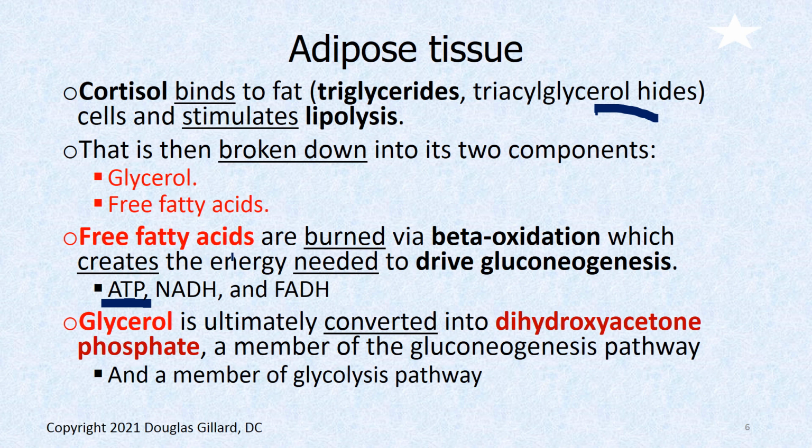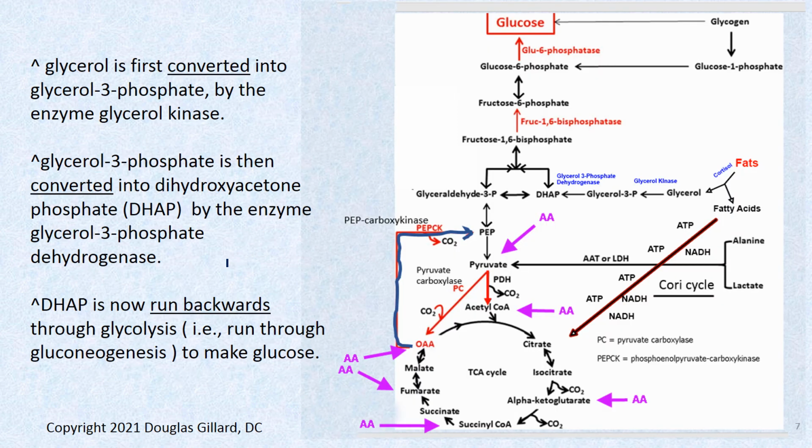But here's the board question, or Dr. Dumanier's question: they cannot be used to make glucose in and of themselves directly. Indirectly, yeah, because this is where the energy to power that reaction comes from. Got it? So here it is over here. So fats, and there's cortisol splits fat molecules into glycerol.